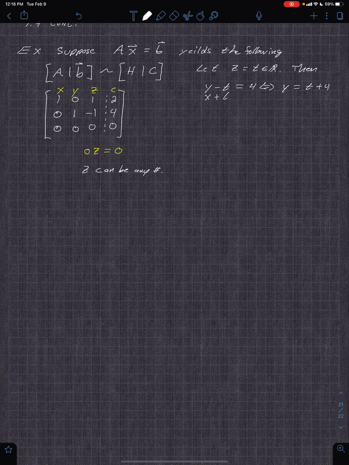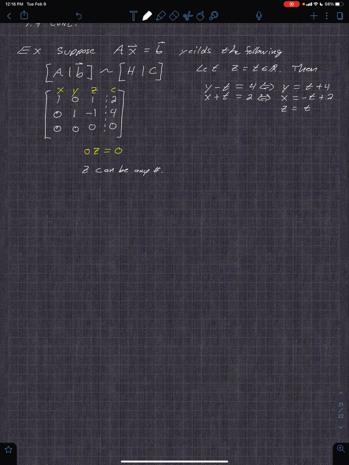So X plus T is equal to 2. And then we can solve for X in terms of T. So X then would be negative T plus 2, I put that first. And then Z is T.